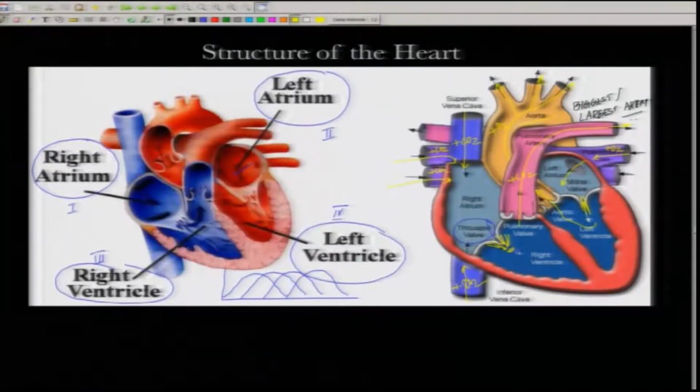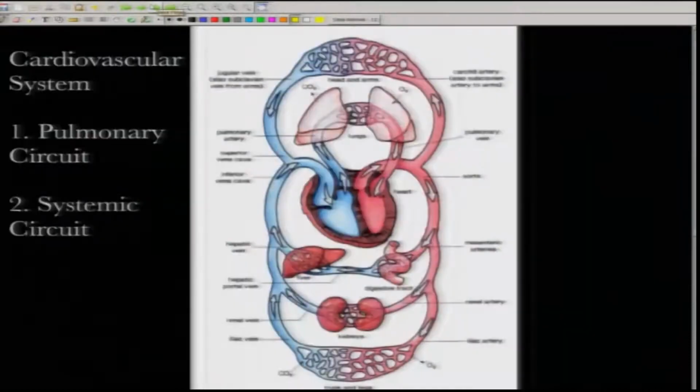Now, this is the cardiovascular system's 2 arms, which I have talked to you about, but now I am showing the diagrammatic view. So, the pulmonary circuit and the systemic circuit. The pulmonary circuit is this small circuit, let me label it.